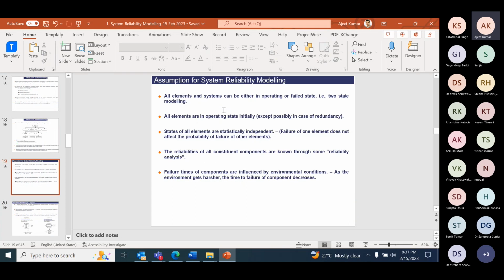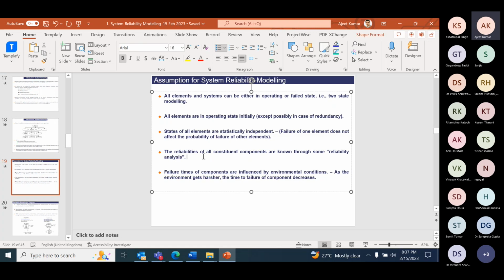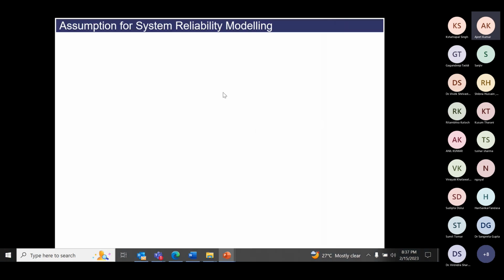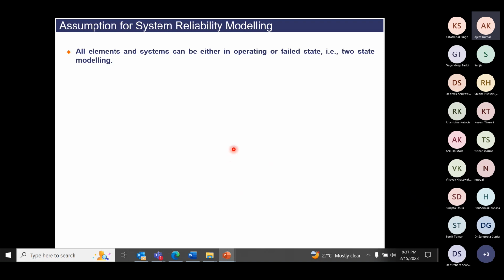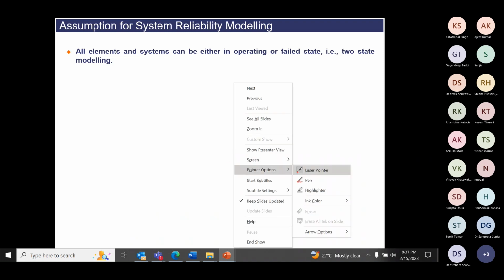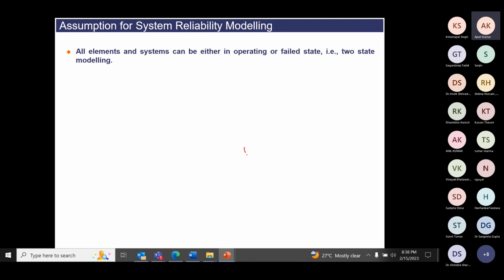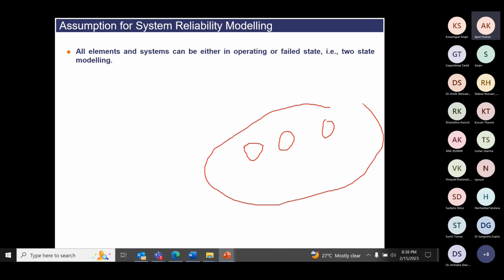Some assumptions: all elements of the system are either in operating mode or failed mode. So suppose there are five components, and all together the components make one system.